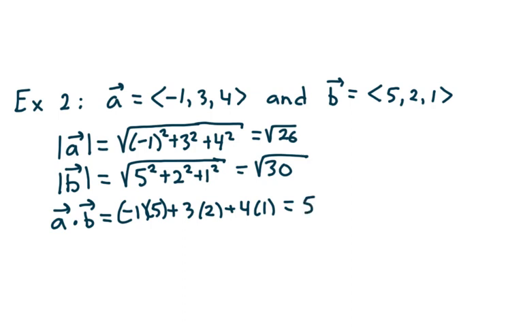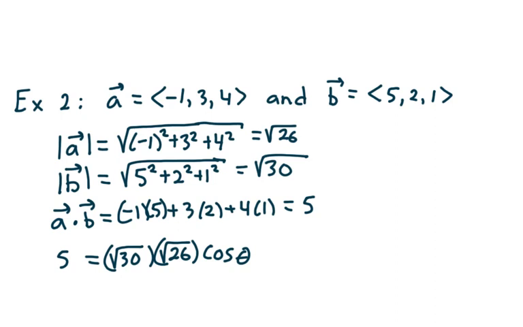And so we're going to go this way. So I'm going to take 5, the dot product of A and B. That's the square root of 30 times the square root of 26 times cosine of theta. I do expect you to be able to simplify that somewhat, okay?